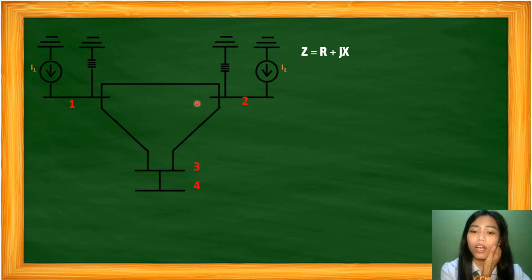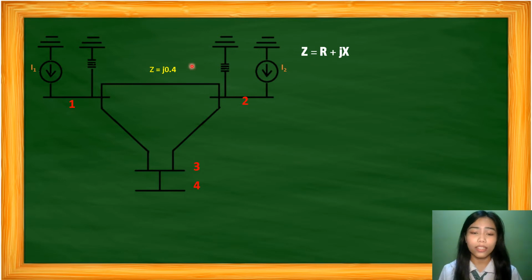Now, for bus 1 to bus 2, let's say we have an example impedance of j0.4.